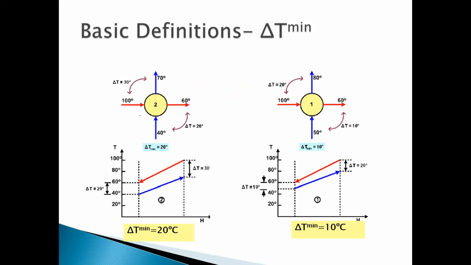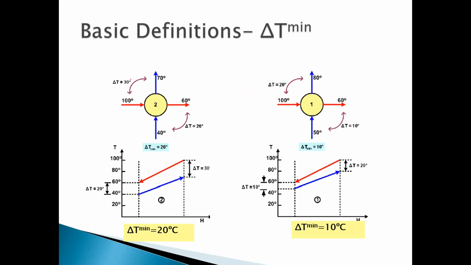Also, another definition, we must define the driving force, which is delta T min. Delta T min is the driving force, the minimum temperature difference, which is the difference between the hot stream entering and the exiting cold stream, or the exiting hot stream and the entering cold stream.